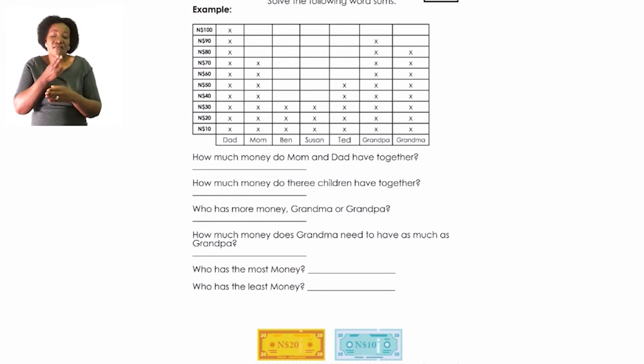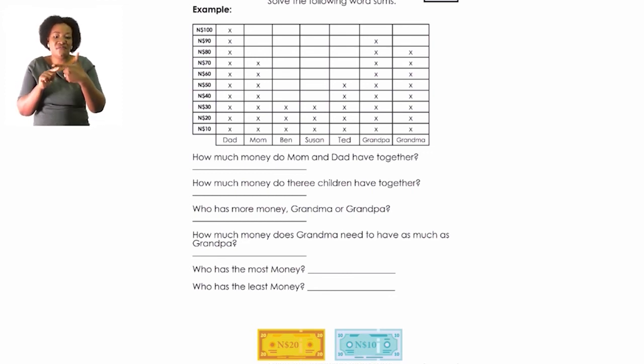How much money do Mom and Dad have all together? All together. What does it mean? Together means you have to use a certain operation there. That is correct. Whenever we are dealing with together, we have to put the money together to get the total amount of money they have. We go to Mom. How much money does Mom have?